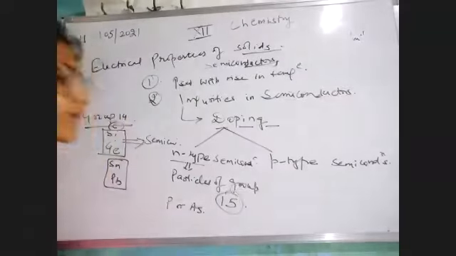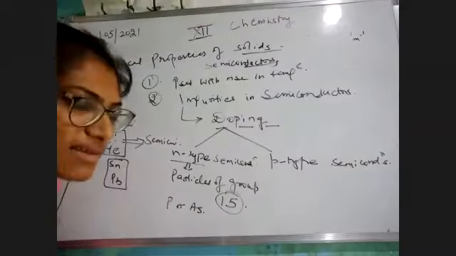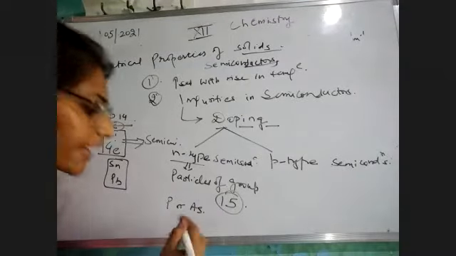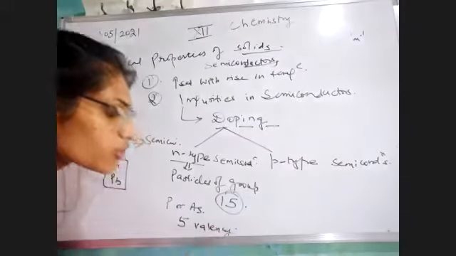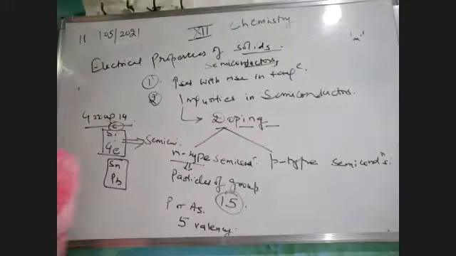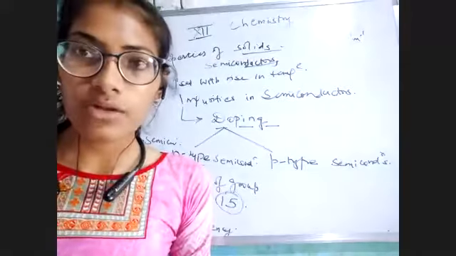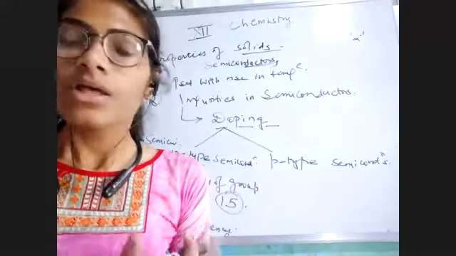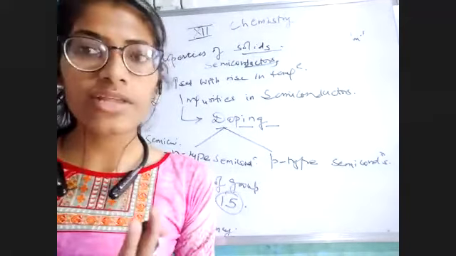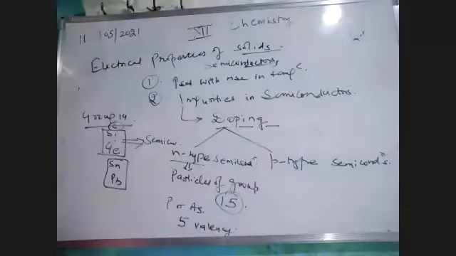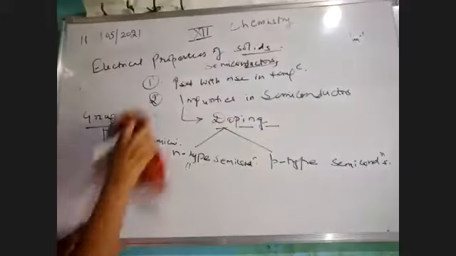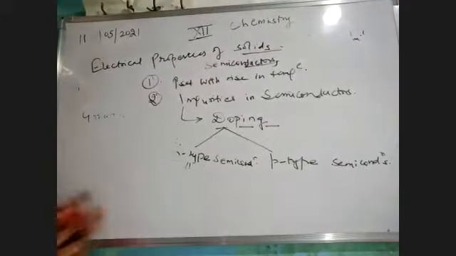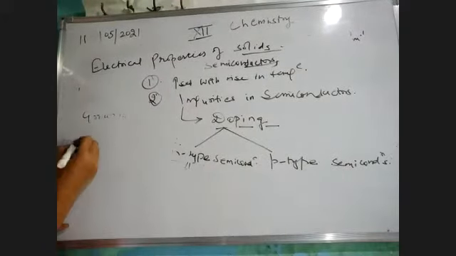We know very well that group 15 elements have a valency of 5. That means there are a total of 5 valence electrons in group 15. You know that very well; you studied it in 11th class. Now, what actually happens whenever we add group 15 elements? Suppose this is my complete semiconductor.